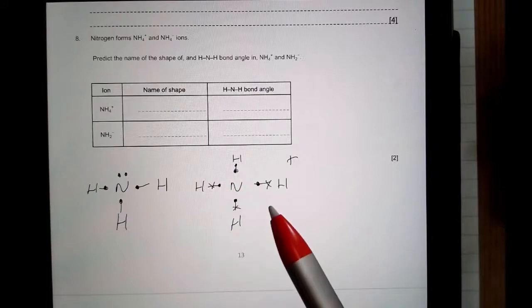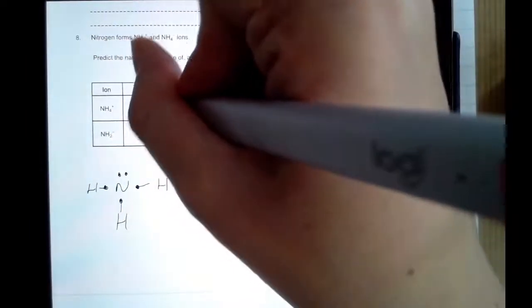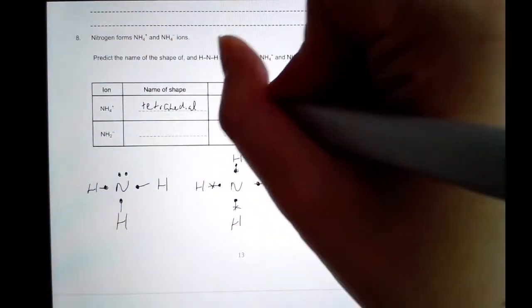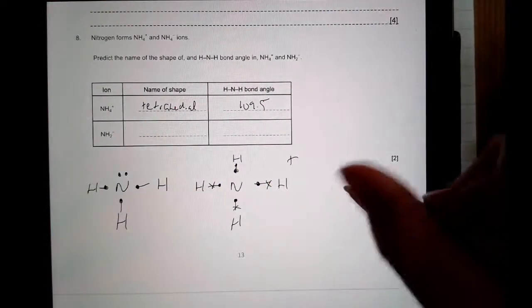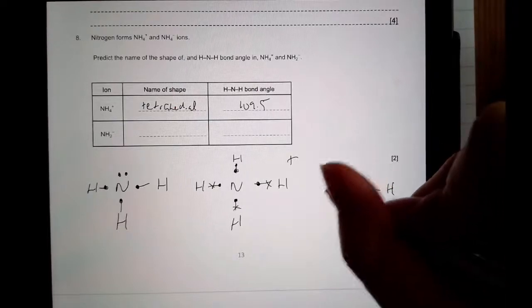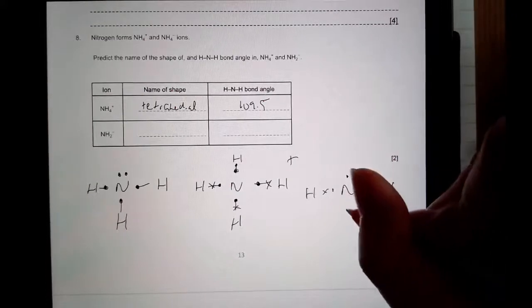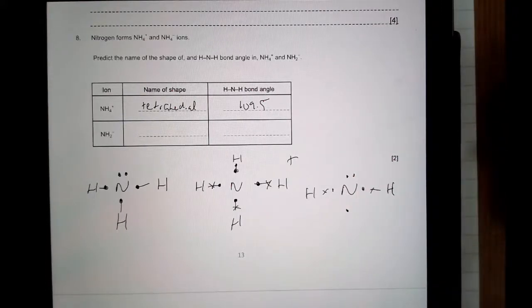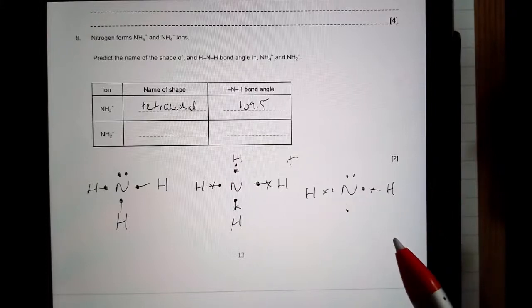So when I draw it with 4 bonds, there's 4 bonds around it. 4 bond pairs means it's tetrahedral, and the tetrahedral bond angle is 109.5. In NH2 minus, I've only got 2 bonds to hydrogen. Now normally, if I only had 2 bonds, I would have 1 electron sitting on nitrogen by itself, because nitrogen has 5 electrons in its outer shell.